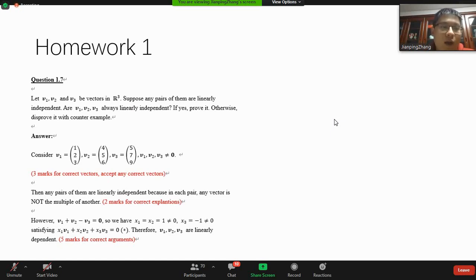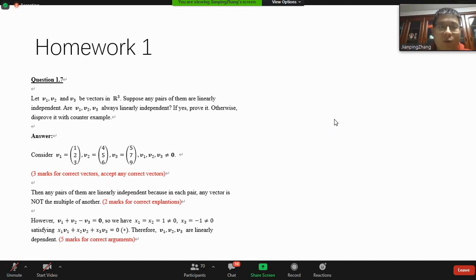Like V1 and V2 can create a plane, and the V3 can also lie on this plane, because V3 is dependent on V1 or V2, so V3 may be a combination of V1 or V2.